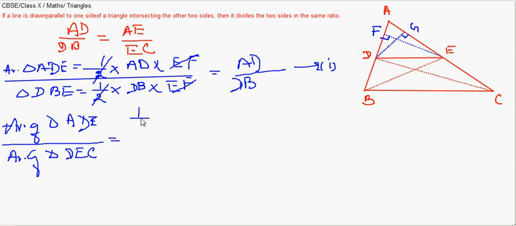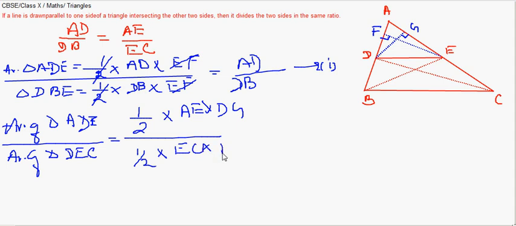This ADE is half, base is AE, but the height remains DG. Here it is DEC, so the base remains EC, and the height will again be DG. So here we are getting AE by EC.